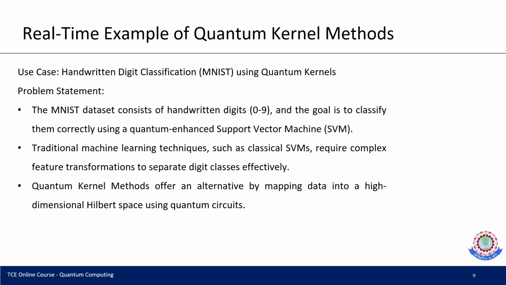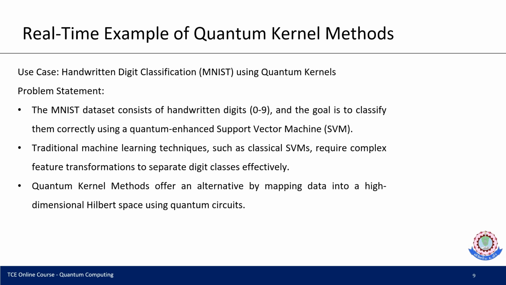A real-time example of quantum kernel methods is handwritten digit classification for MNIST using a quantum kernel. This is one kind of dataset we can go with. The problem statement is that the MNIST dataset consists of handwritten digits 0 to 9.